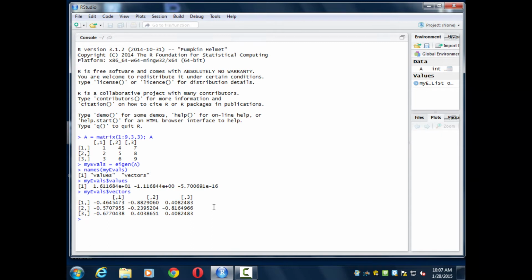Okay. Now, a useful thing is to identify which of these eigenvalues is the largest, the so-called dominant eigenvalue.